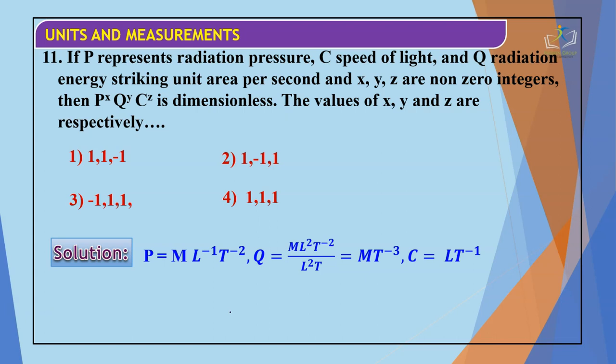Now with this, we do a comparison. Dimensionless means M0 L0 T0 equals M L minus 1 T minus 2 to the power x, M L0 T minus 3 to the power y, L T minus 1 to the power z.